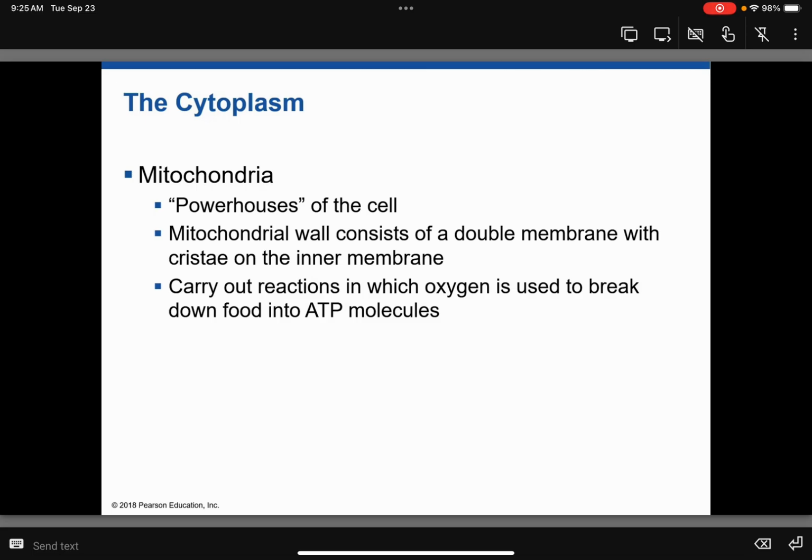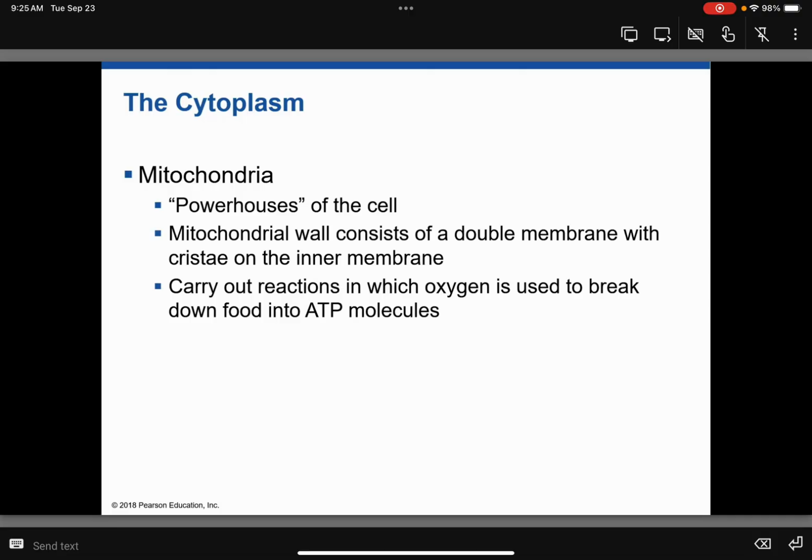So mitochondria is where cellular respiration takes place, which means it is producing the ATP, which is the energy that our cells use. It's a molecule of energy. Mitochondria is a double membraned organelle.